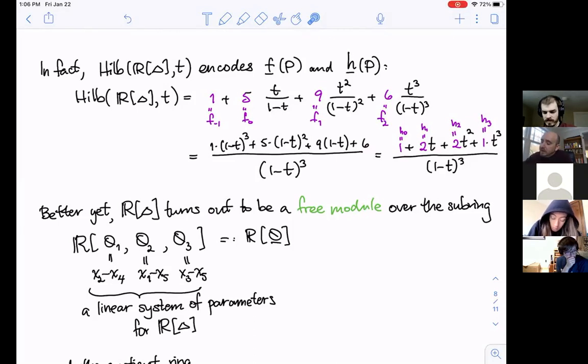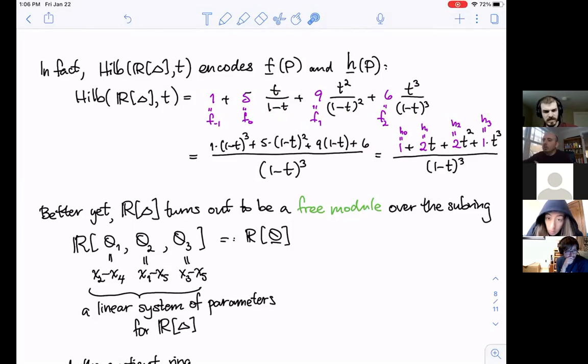So the Hilbert series, I claim, is easy to write down. You take f_{-1}, the 1, plus f_0 times t over 1 minus t, f_1 times t squared over 1 minus t squared, f_2 times t cubed over 1 minus t cubed. In general, you put f_{i-1} in front of t to the i over 1 minus t to the i.